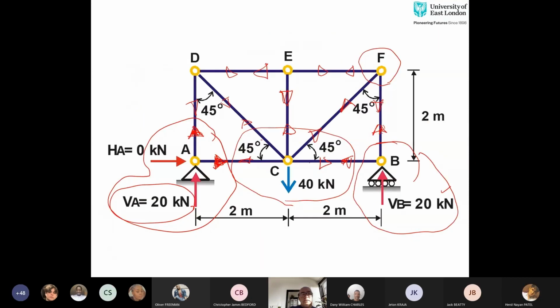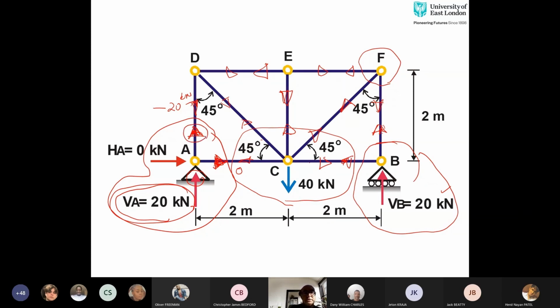You can see that at joint A, now I know VA and I know FAC, this horizontal force, which is coming out to be 0. And I know FAD, which is minus 20. And this makes sense for me as well, doesn't it? The reason is that if vertical force is pointing upwards, which is reaction, there should be something which should balance it. And in order to balance it, it has to be downwards.